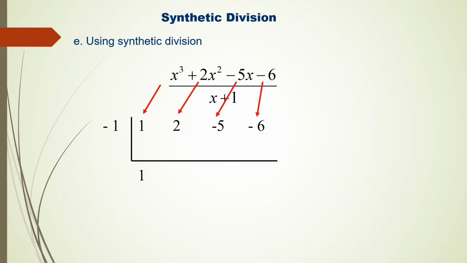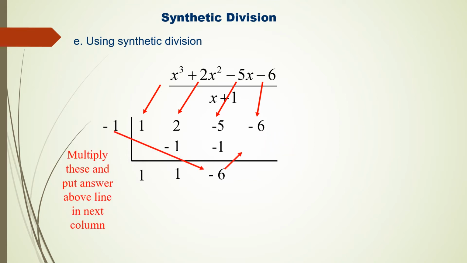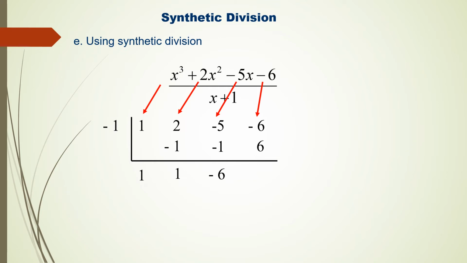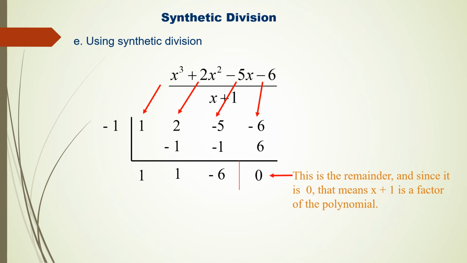Bring down 1, times negative 1 is negative 1, plus 2 is 1, times negative 1 is negative 1, minus 5 is negative 6, times negative 1 is 6, minus 6 is equal to 0. Okay, so this is the remainder, and since it is 0, that means x plus 1 is a factor of the polynomial. Yan, so meron na tayong isa.